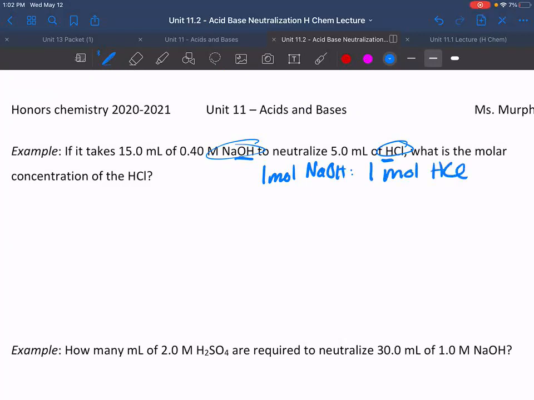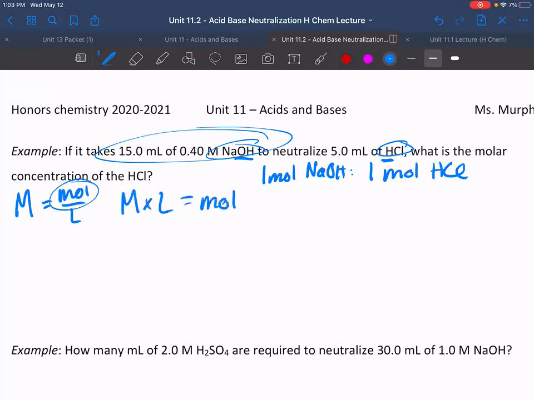Now we need to figure out how many moles of our base we even used to neutralize. So how can we use a volume and a concentration to figure out how many moles we have? Multiply, right? We rearrange: molarity is equal to moles over liters. If we rearrange for moles, we just end up getting molarity times liters equals moles.